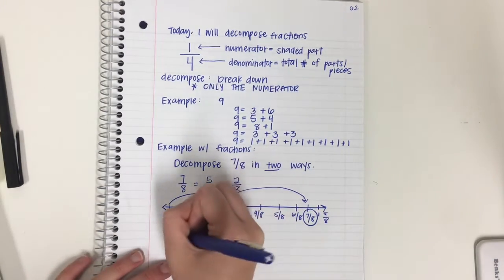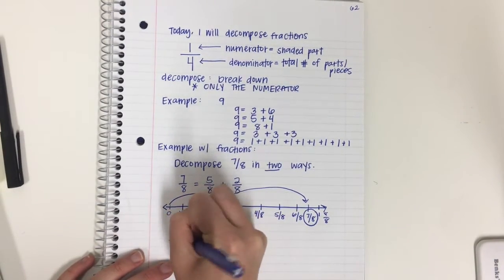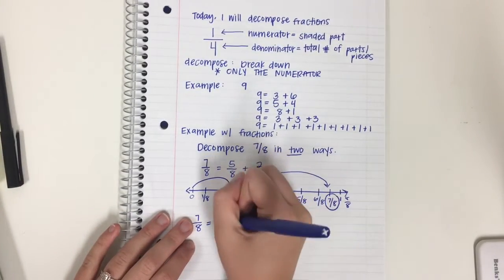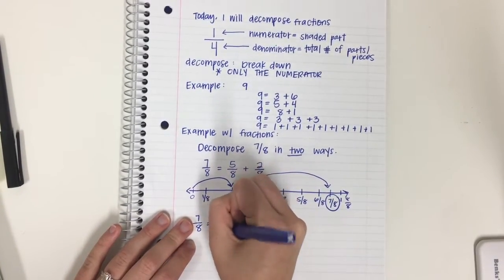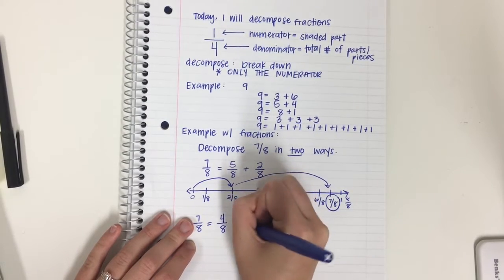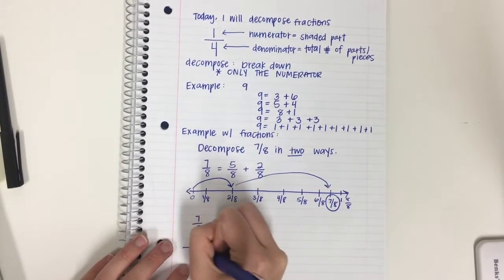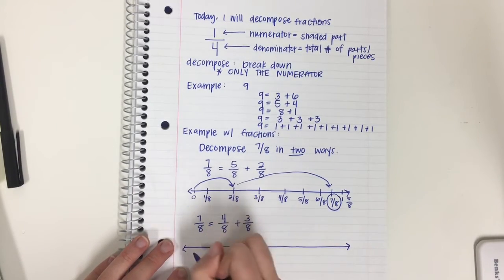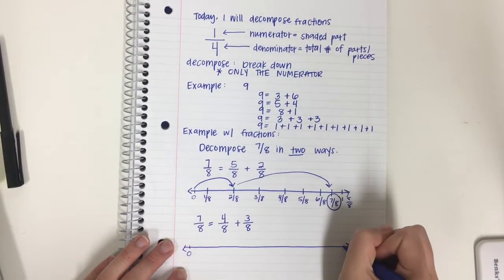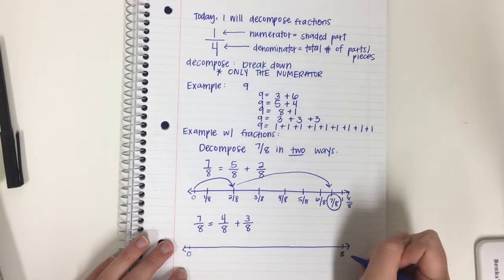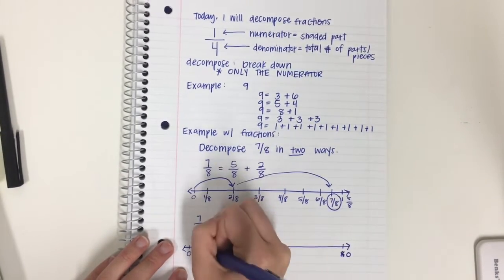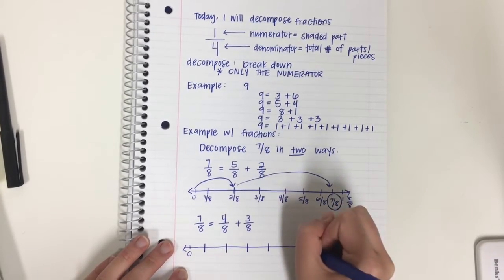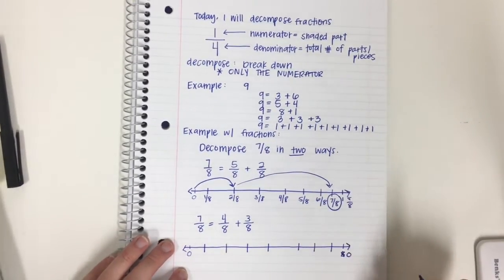Now let's show another way. We could do 7/8 is equal to, what's another way to decompose 7? We could do 4 plus 3, that gives me 7. Draw my number line. It's still broken up into 8 parts. 0. Still do my same lines. 1, 2, 3, 4, 5, 6, 7.